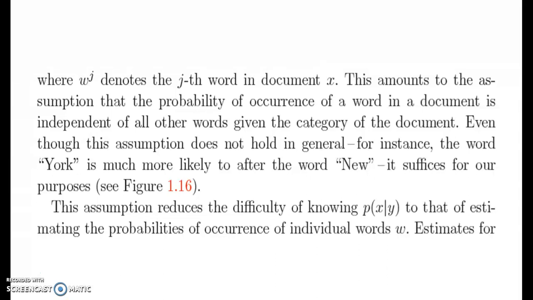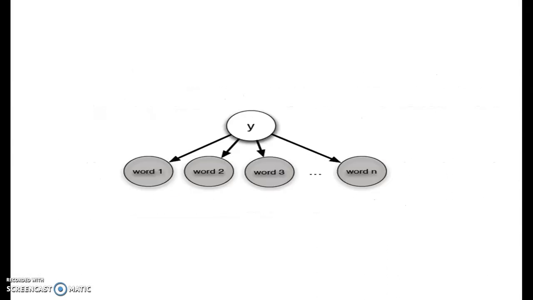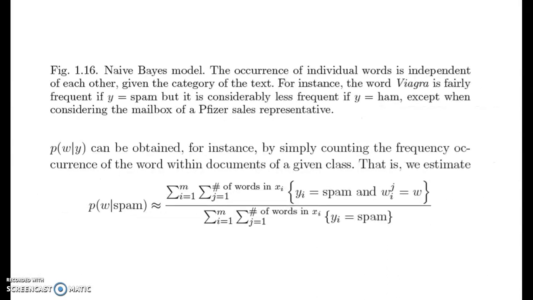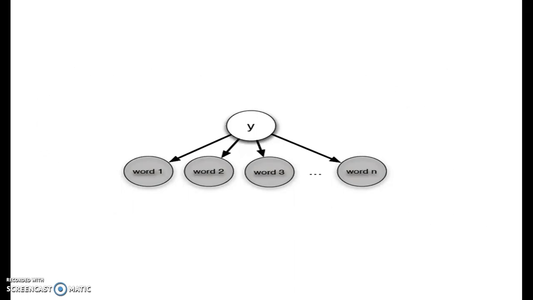So this assumption reduces the difficulty of knowing P of x given y to that of estimating the probabilities of occurrence of individual words w. Estimates for this naive Bayes model is what we are discussing.